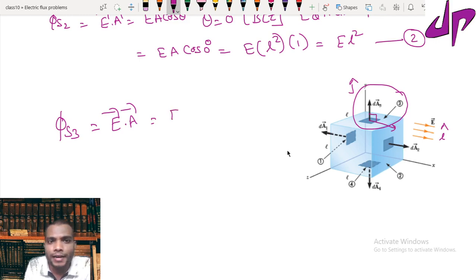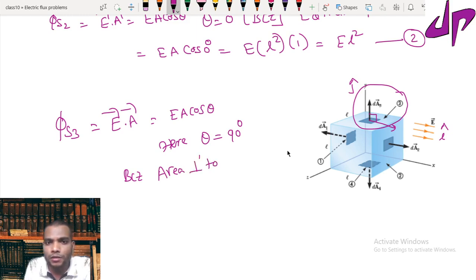So we can write E A cos theta. In this case theta equal to 90 degrees, because the area vector is perpendicular to the direction of the electric field. Area is perpendicular to E bar.